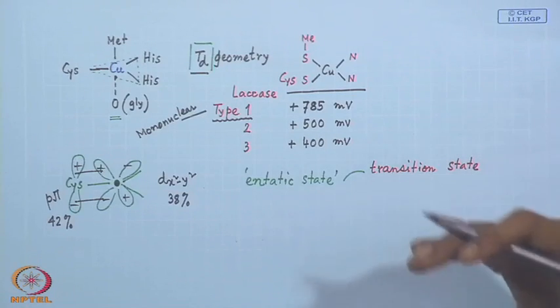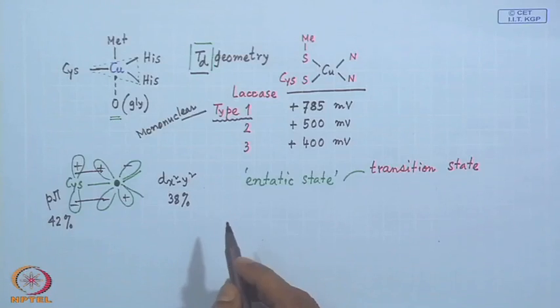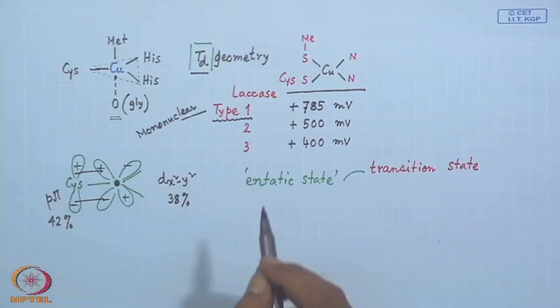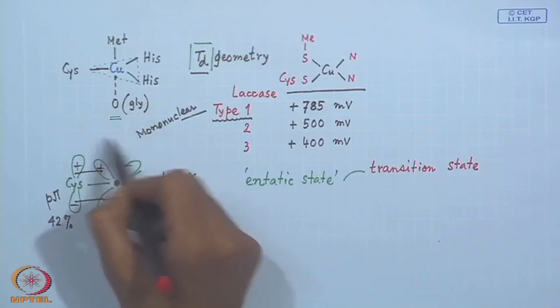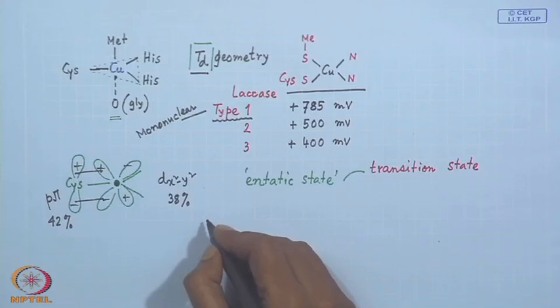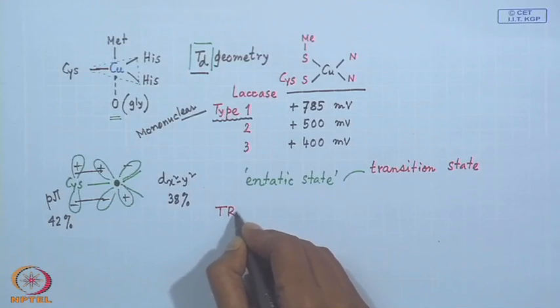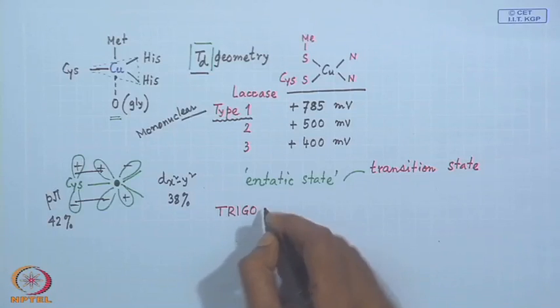So, for a typical or rapid electron transfer, your coordination geometry or molecular geometry is such that initially, if you remove this oxygen, we will end up with a geometry which is trigonal pyramidal.